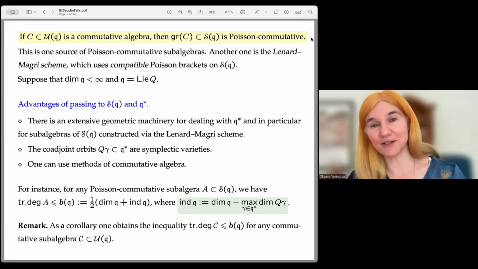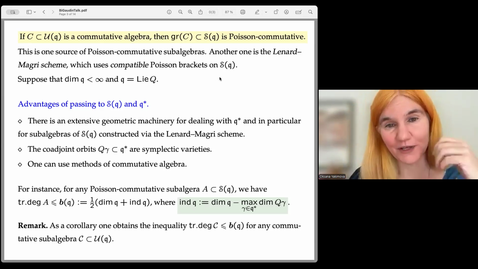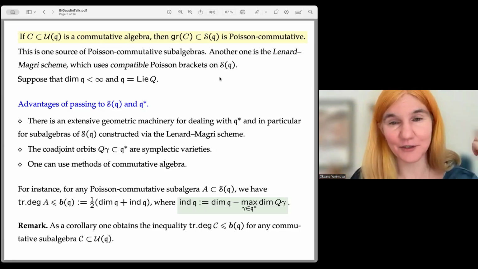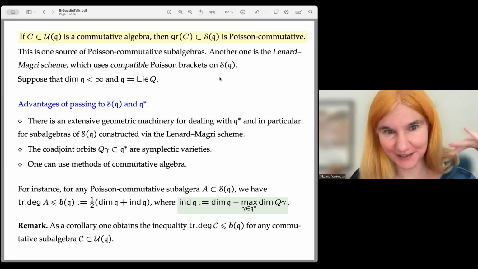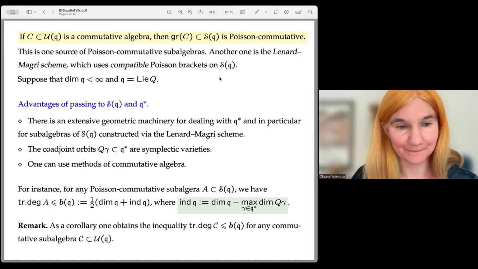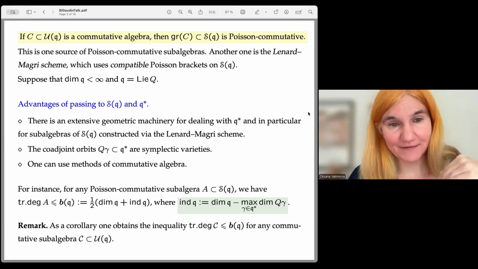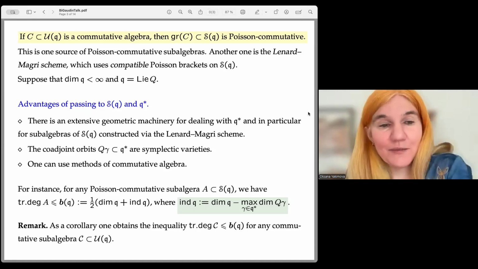And another one, which is much more classical and much more direct, is something for Poisson varieties. If we have two compatible Poisson brackets, I'll explain later what it means, we can construct an associated Poisson commutative subalgebra. Apart from this, there are certain other advantages of going to the commutative object.